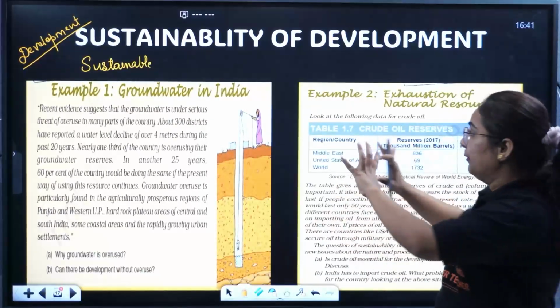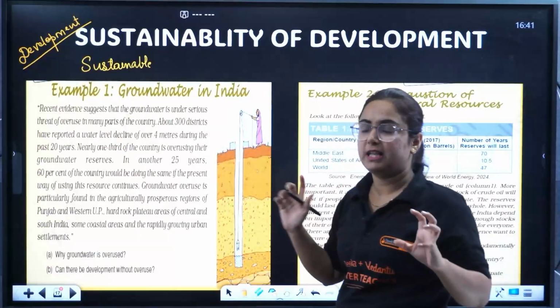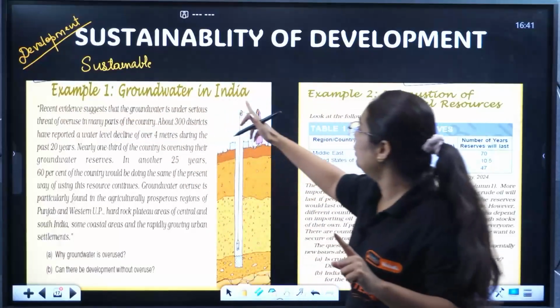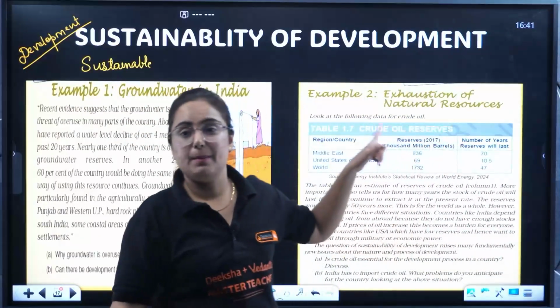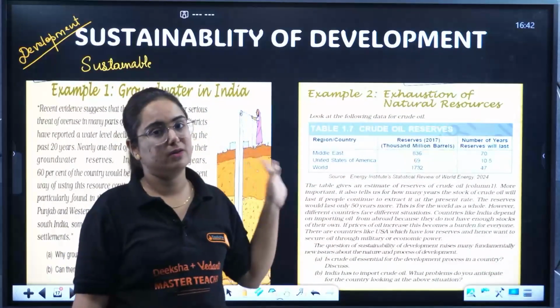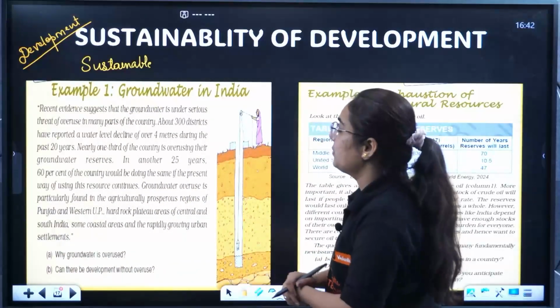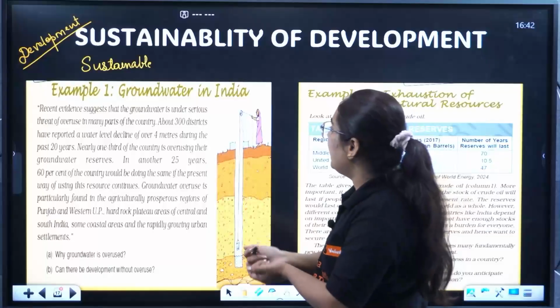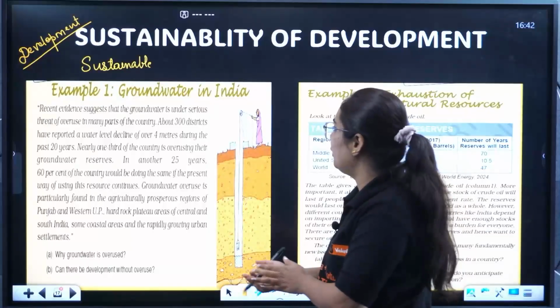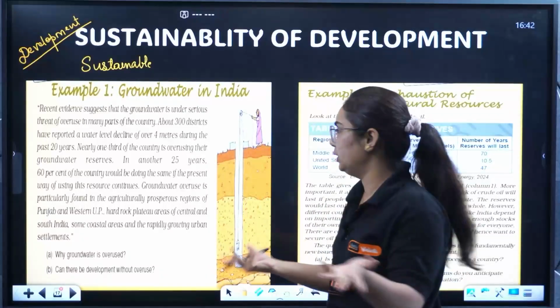Now here, two examples are given. Example number one, groundwater in India. Example number two, exhaustion of natural resources. Have a look at this and read it nicely. Recent evidence suggests that groundwater is under serious threat of overuse in many parts of the country.